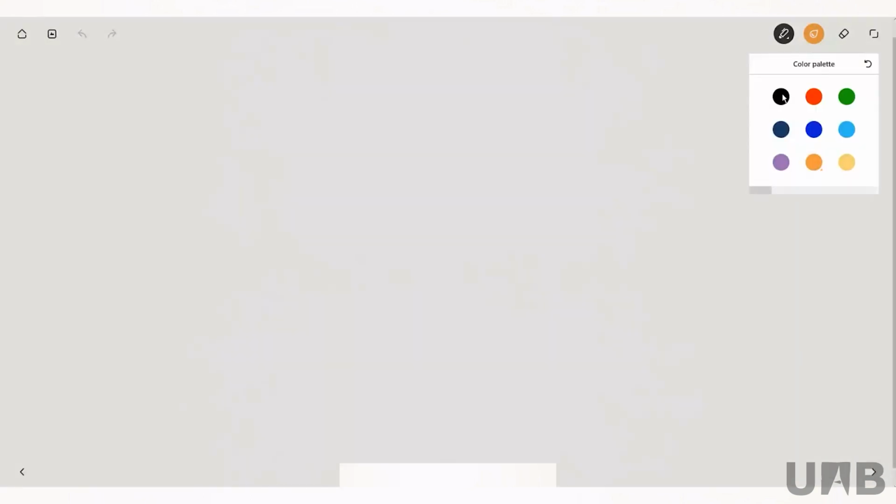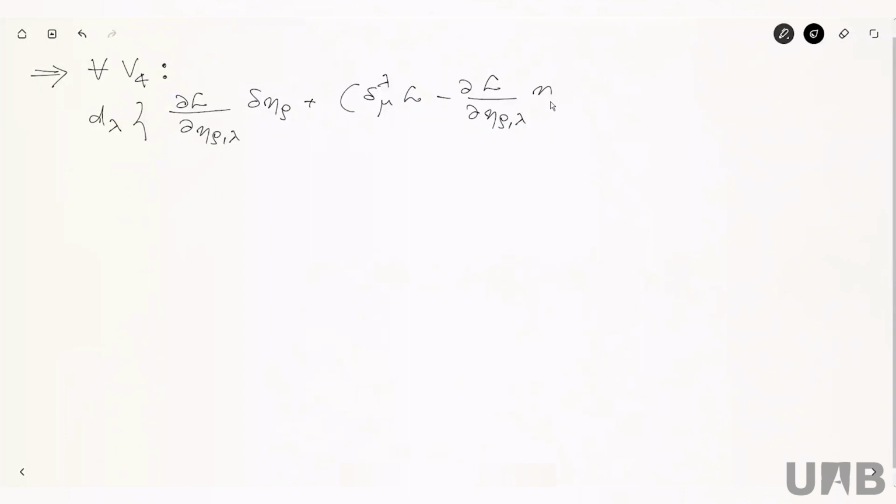So that means that if this 0 is for any volume, then d lambda of derivative L with respect to eta rho comma lambda delta eta rho plus delta lambda mu L minus derivative of L with respect to eta rho comma lambda eta rho comma mu delta x mu plus omega mu, this whole thing, sorry, omega lambda, this whole thing has to be 0.